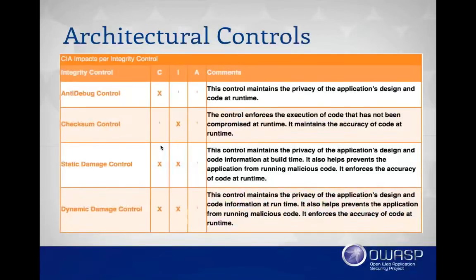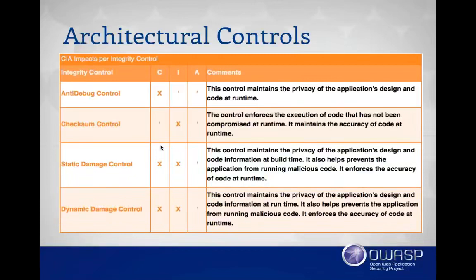And here are briefly some of the different types of controls that you as an architect may need to worry about if you're interested in stopping somebody from reverse engineering or modifying code. Earlier I slightly hinted at anti-debug controls.